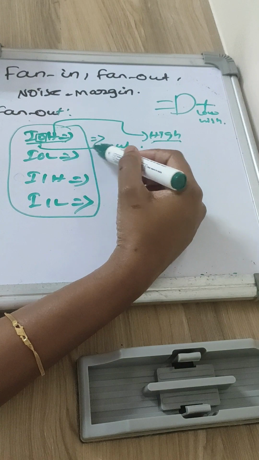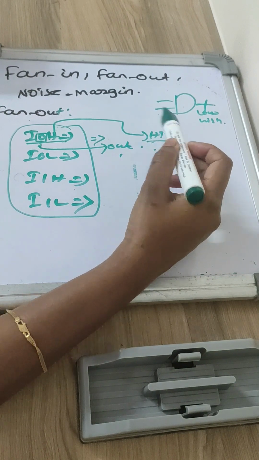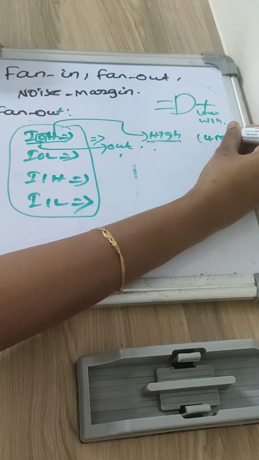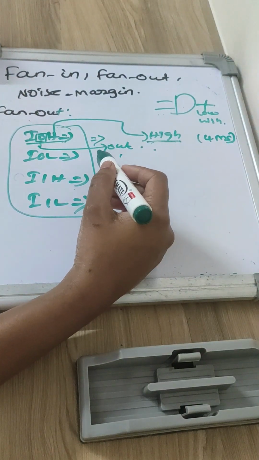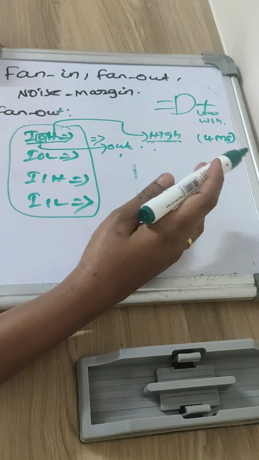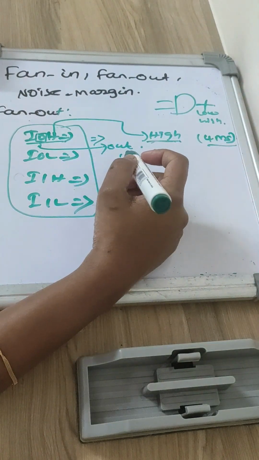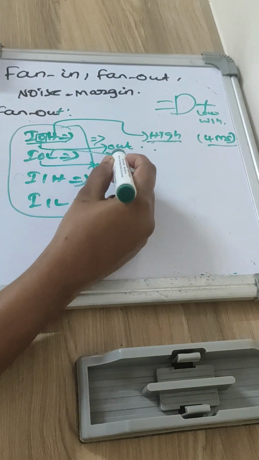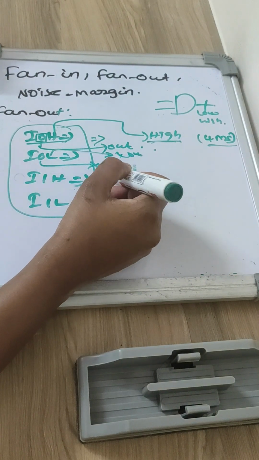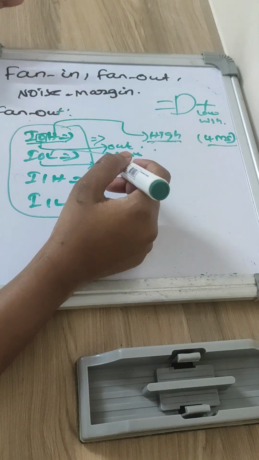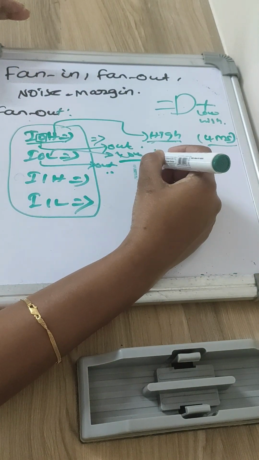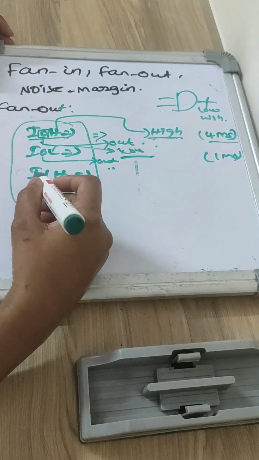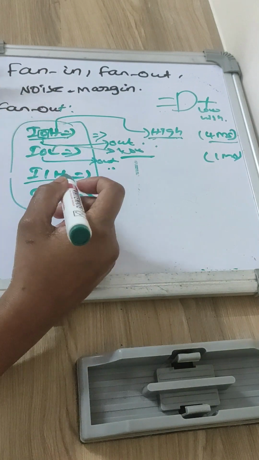So how much current it is flowing through the output terminal when the output is high is this one. Consider an example, this may be 4 milliamps, we'll just take it for our calculation purposes. Same here, this is out, to mention the output, and this is load. This is the amount of current flowing through the output terminal when your output is low. Consider this is 1 milliamp. This is like IIH, right?